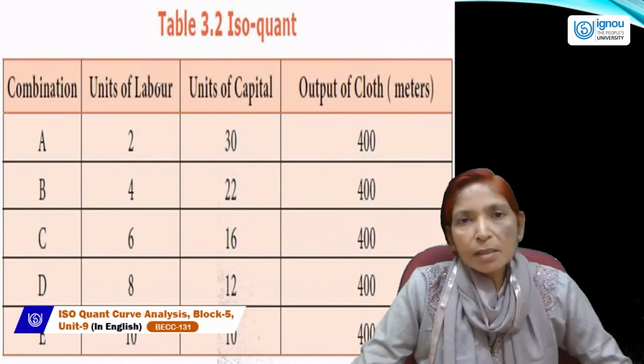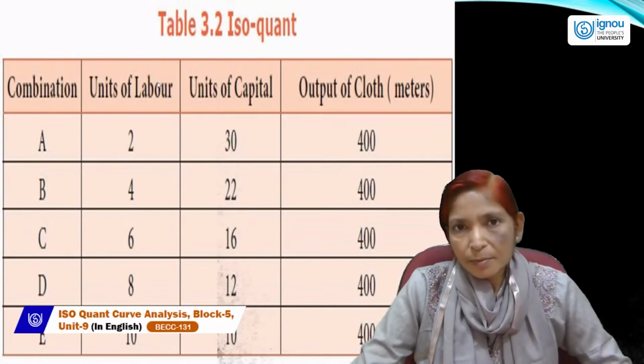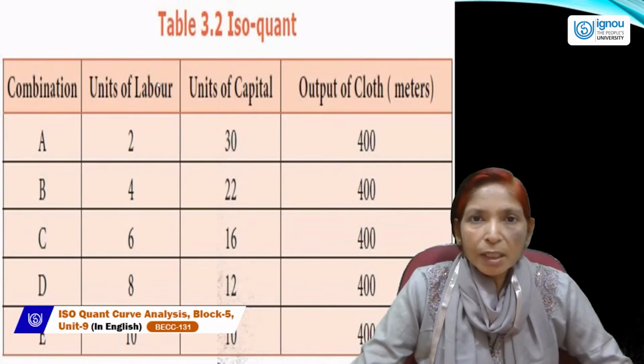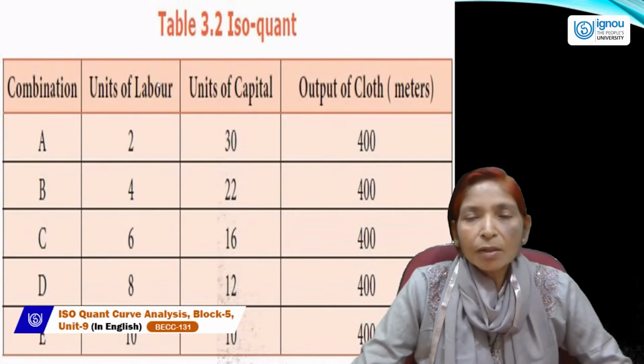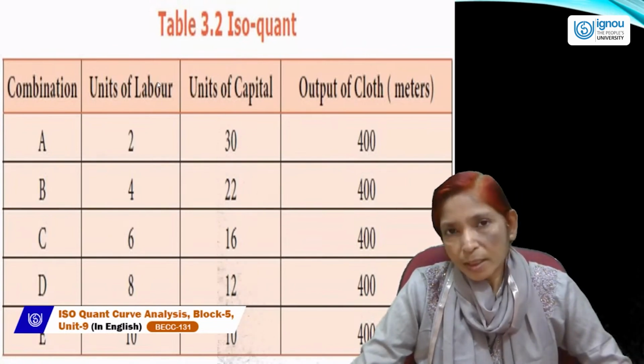In some countries, capital is abundant but labor is less. But in India, labor is more, capital is less. So in each and every country, only one factor or input is available in abundant quantity and the other will be in less quantity.